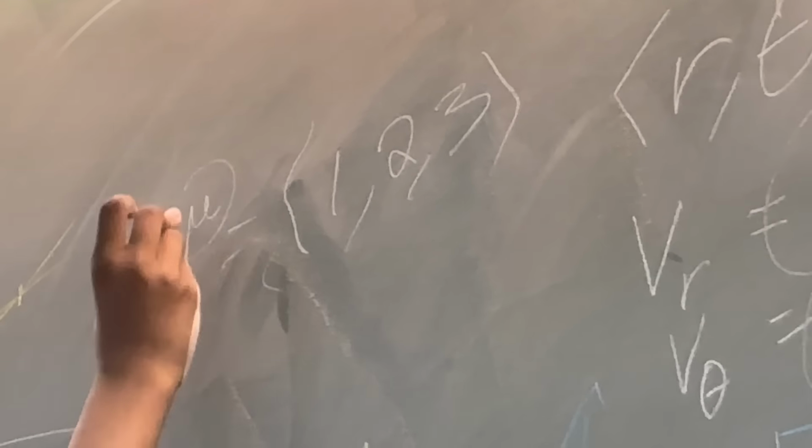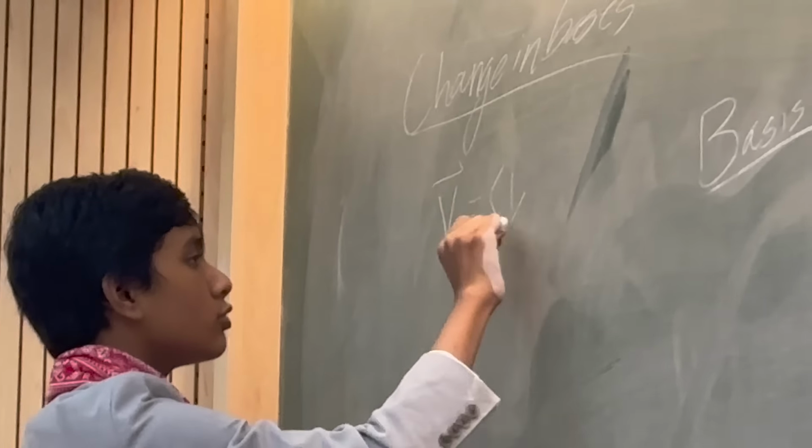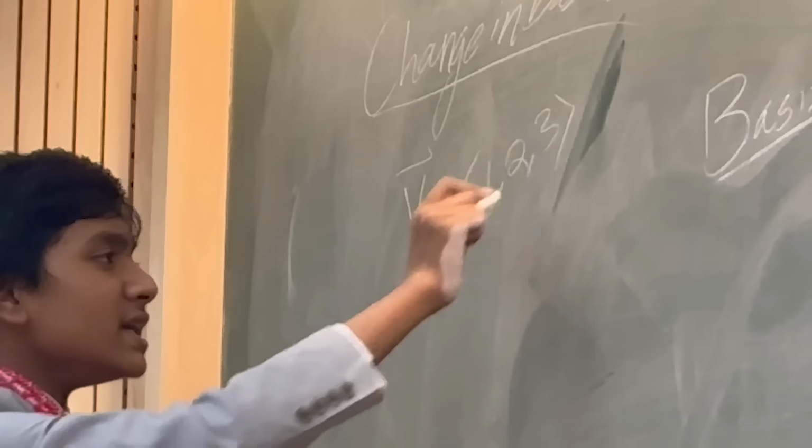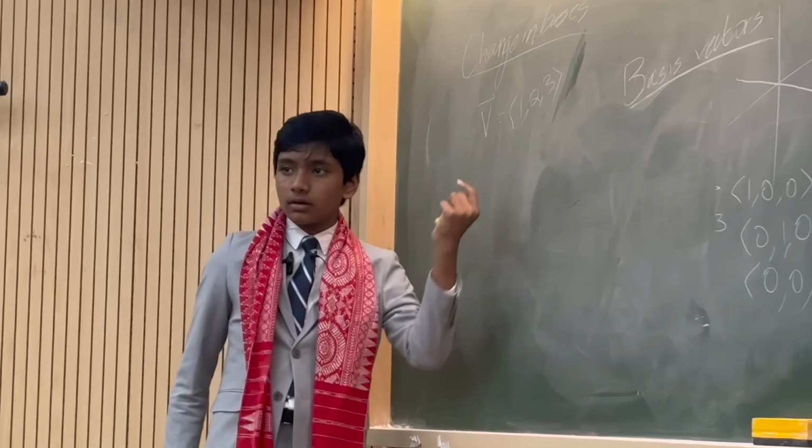So this one component is going to be expressed very usefully. What we're going to do is, we're going to write 1, 2, 3 over here, and in Cartesian coordinates, how do we access every single component over here?